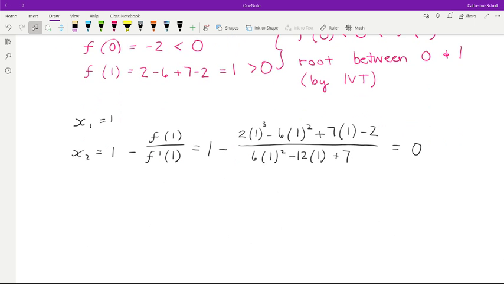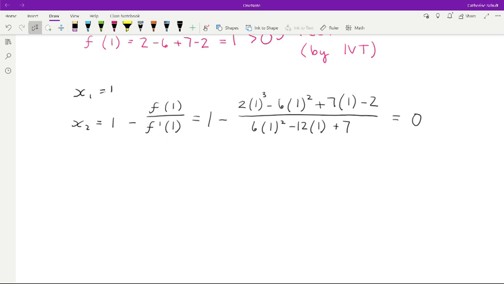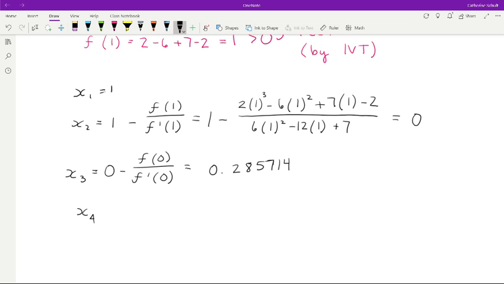All right, and then you're going to rinse, wash, and repeat. And remember, we want an accuracy of 3 or 6 decimals. So then x3, let me just write it out. It's going to be this. And you can verify this with your calculator. Just rinse, wash, and repeat. Very repetitive. 0.285714. x4.